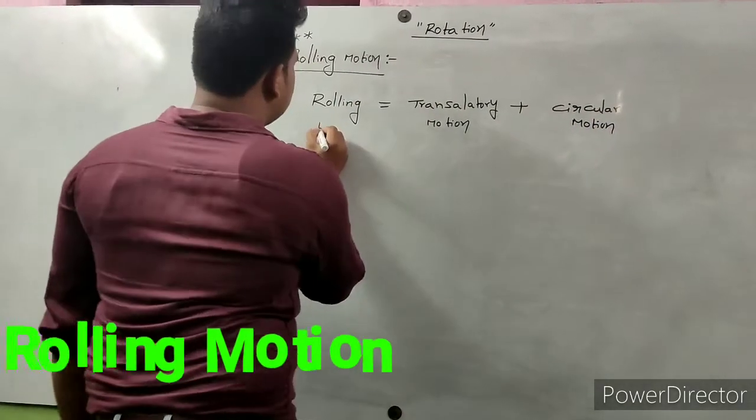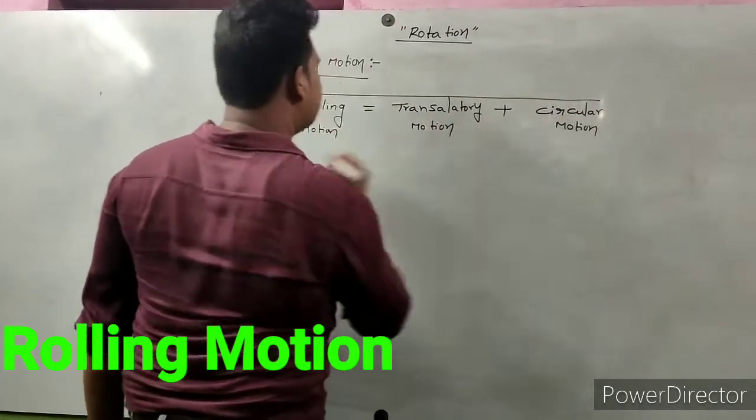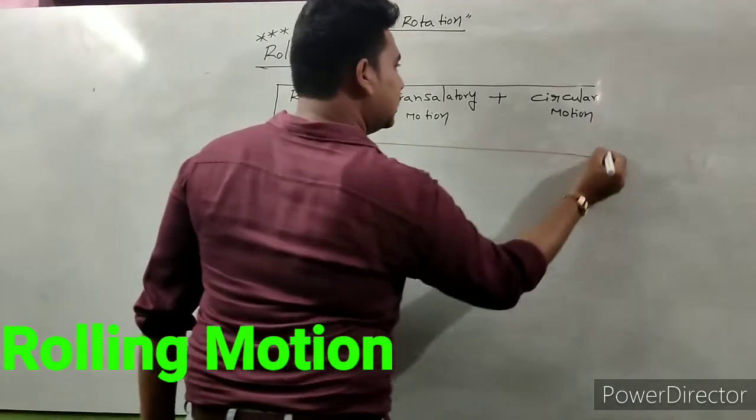So rolling motion is simply translatory motion plus circular motion.